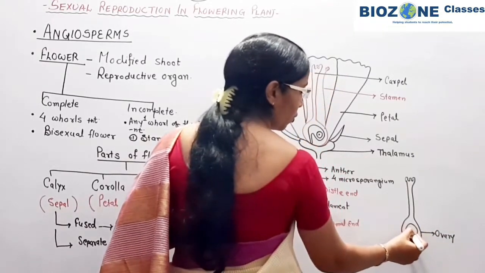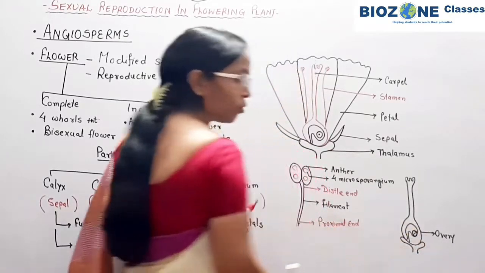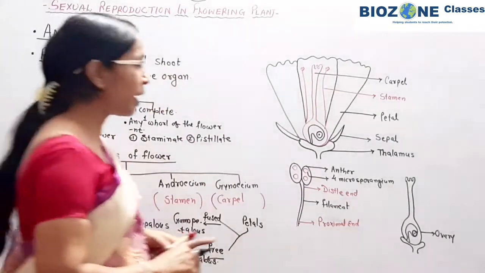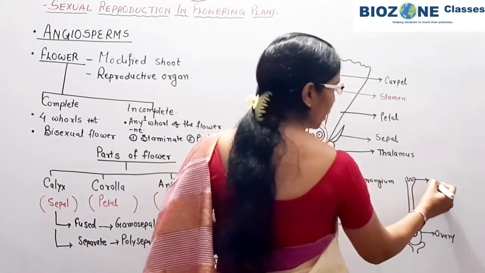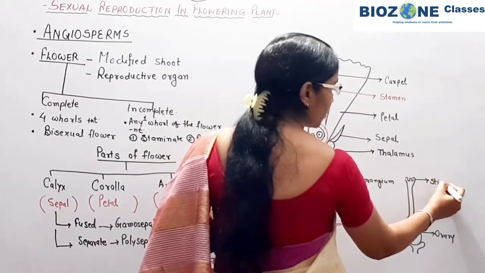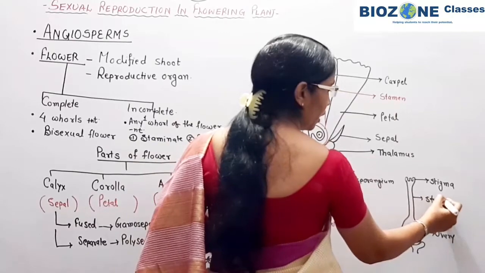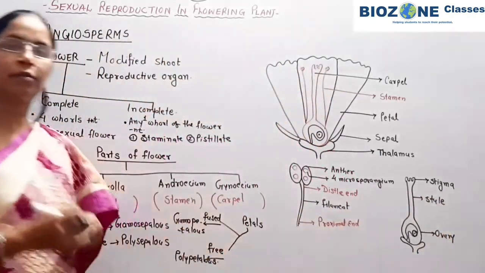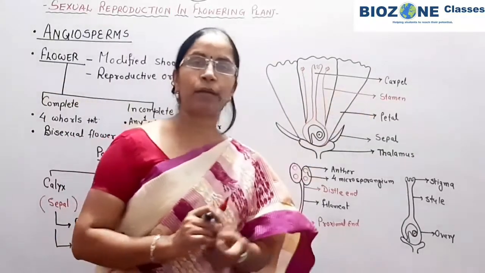Inside the ovary, the ovule is there, and in the ovule the female gametophyte or embryo sac is present. The stigma, style and ovary are the 3 parts of a typical gynoecium or typical carpel.